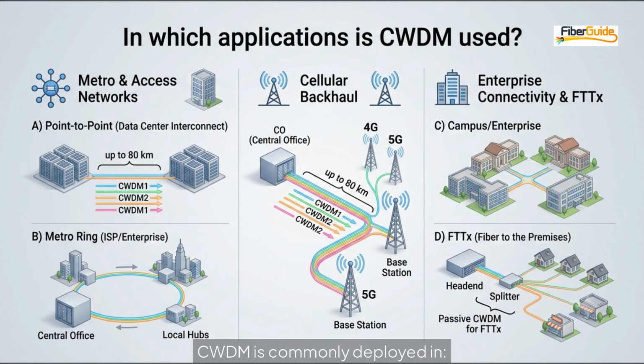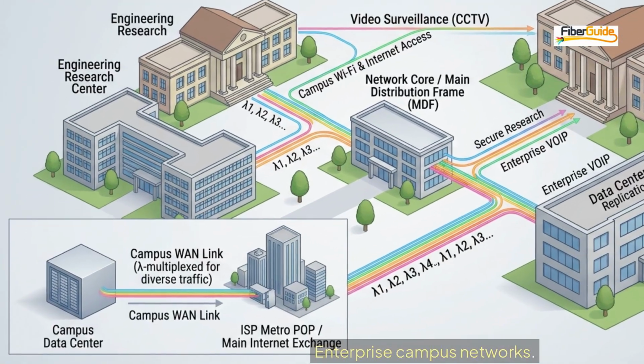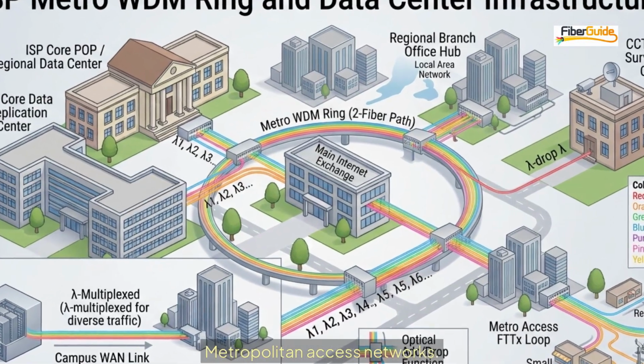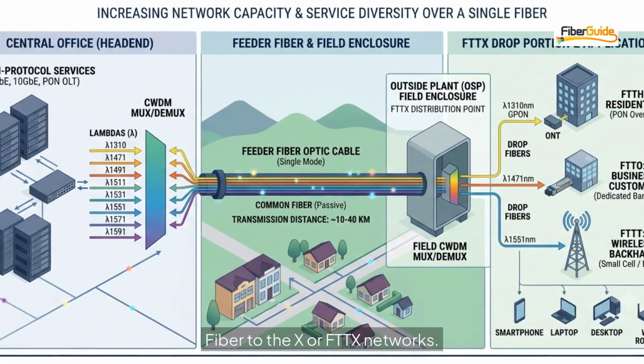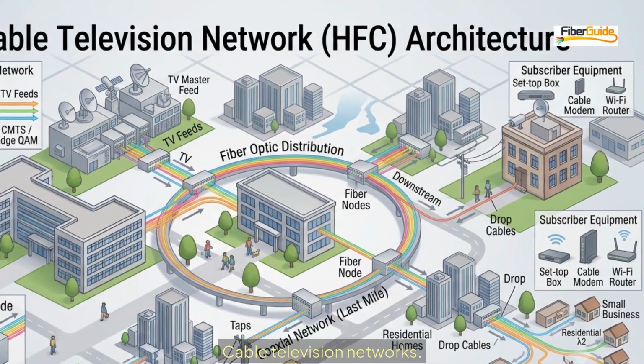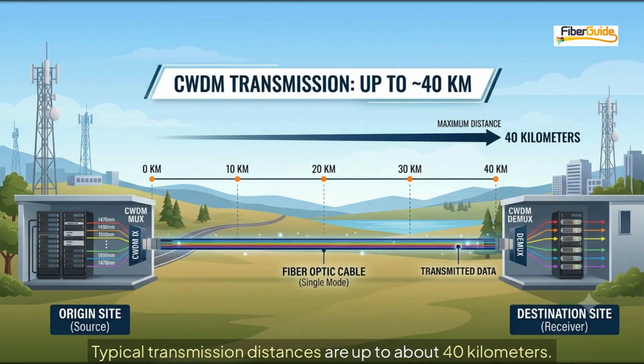CWDM is commonly deployed in enterprise campus networks, metropolitan access networks, fiber to the X or FTTX networks, cable television networks, and data center connectivity. Typical transmission distances are up to about 40 kilometers.